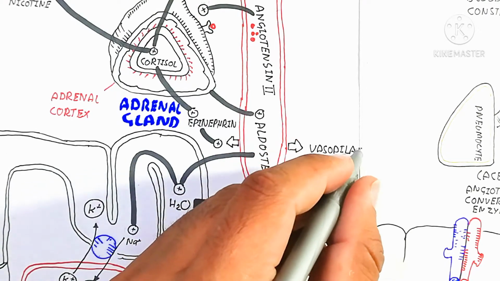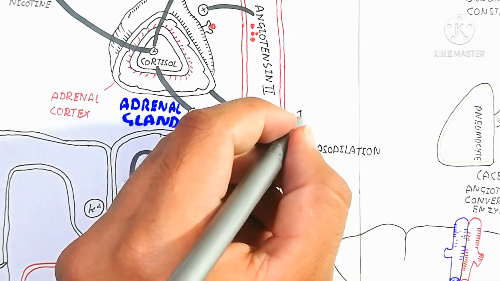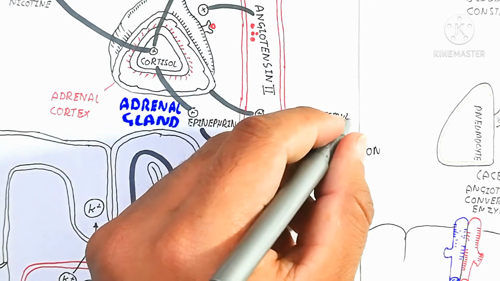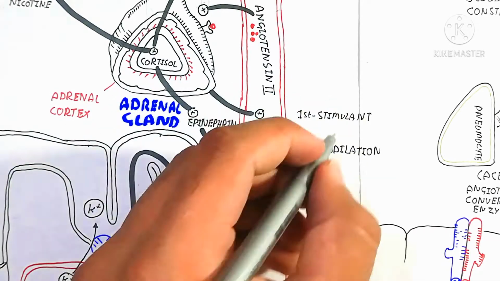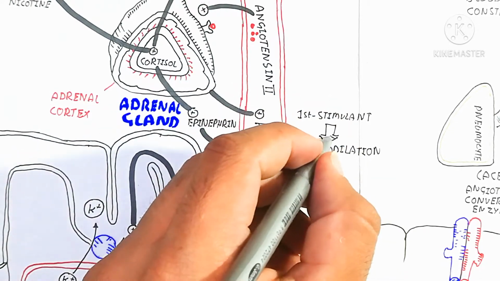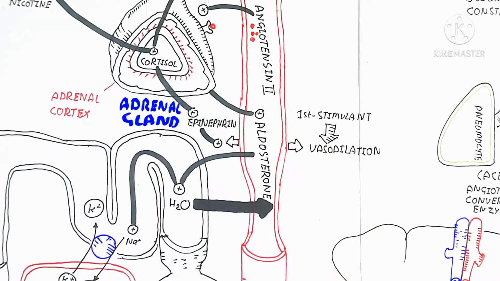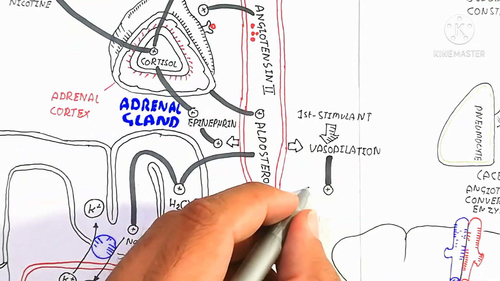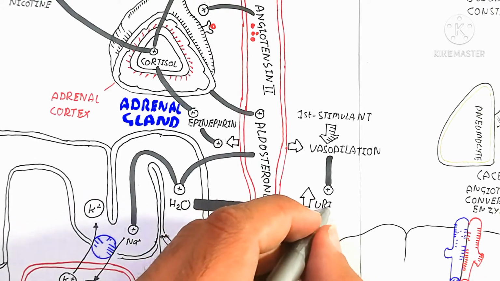And after this vasoconstriction, the relaxation phase will occur when epinephrine is produced. This epinephrine causes vasodilation, and the vasodilation allows more urination.